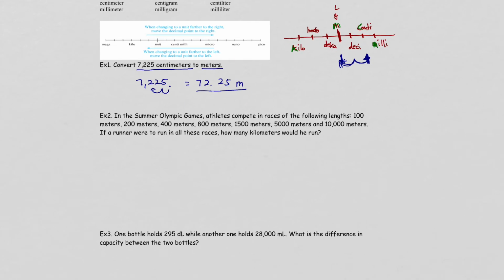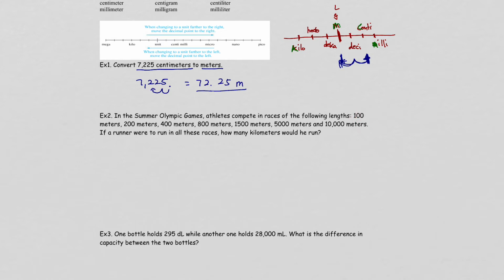If you read example 2, basically what they're saying is in the Olympic Games, there are different types of running: 100 meter, 200, 400, 800, 1,500 meters, 5,000 meter, 10,000 meter running. If the runner is running all of them, how many meters or kilometers are they running?